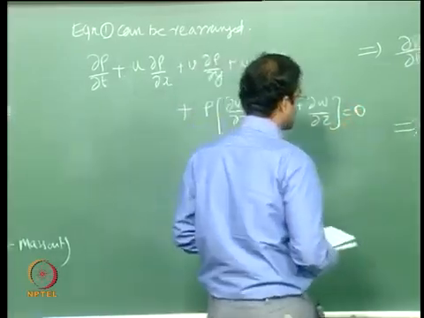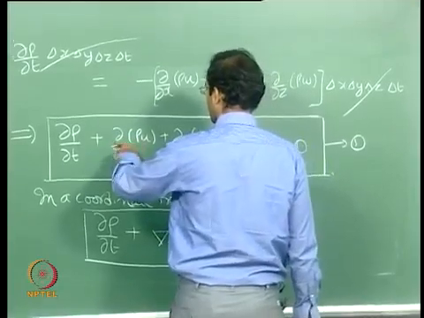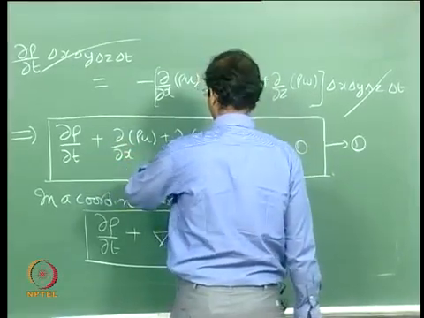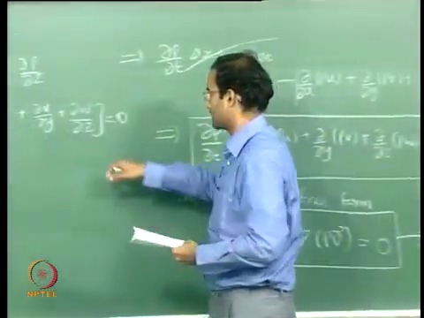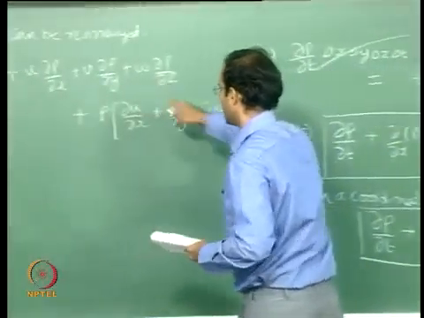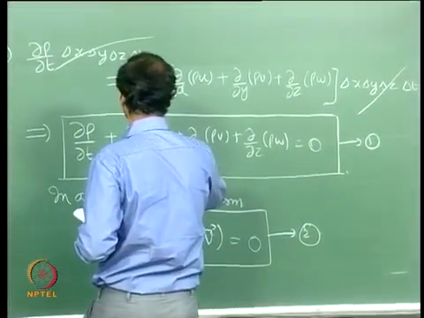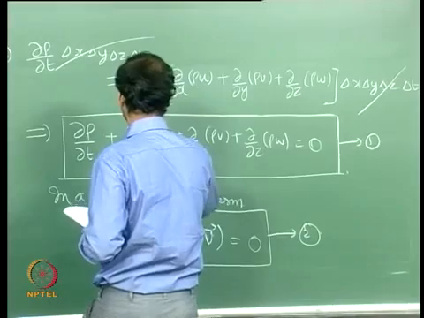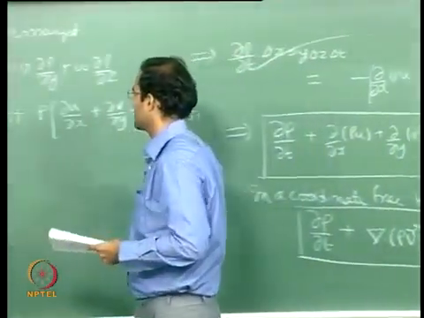So I am separating this into parts: rho into du by dx plus rho into dv by dy plus rho into dw by dz, that is this term, and the other terms come from taking u out and writing this as u into d rho by dx plus v into d rho by dy plus w into d rho by dz.